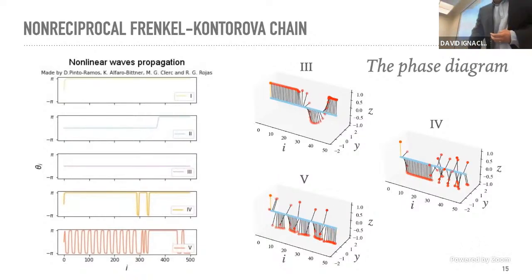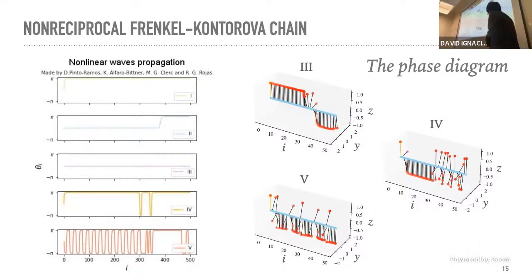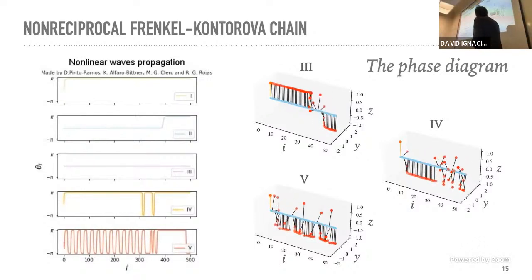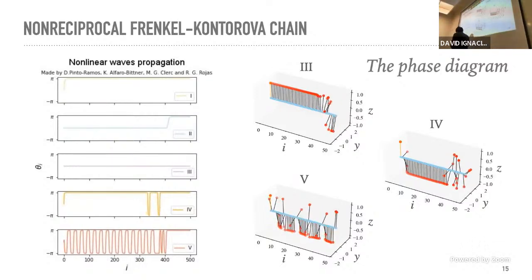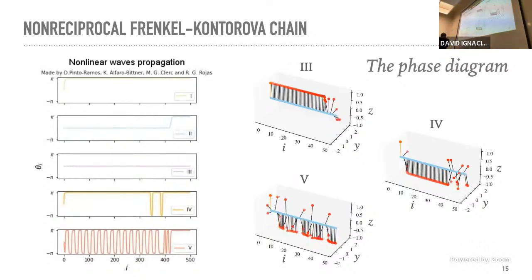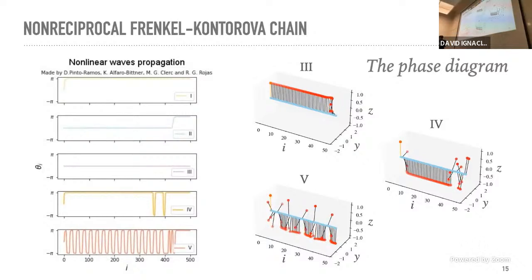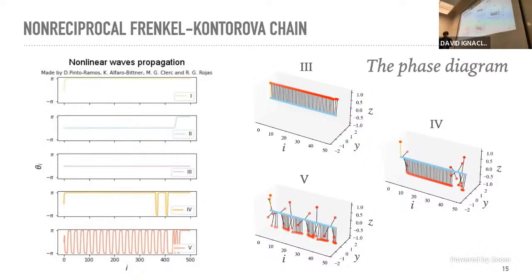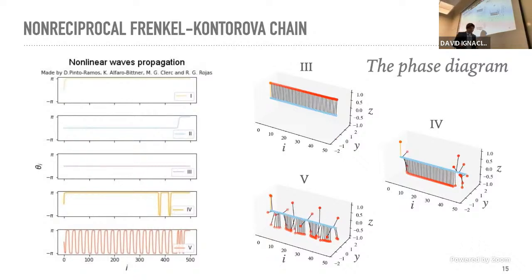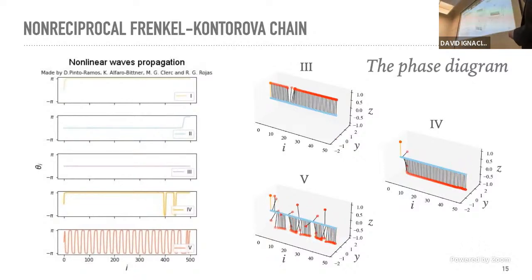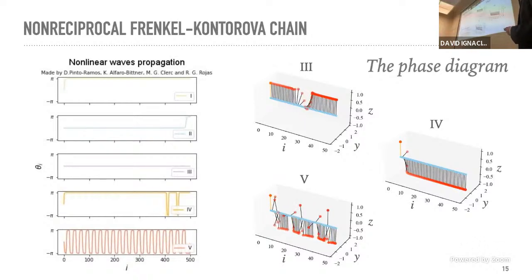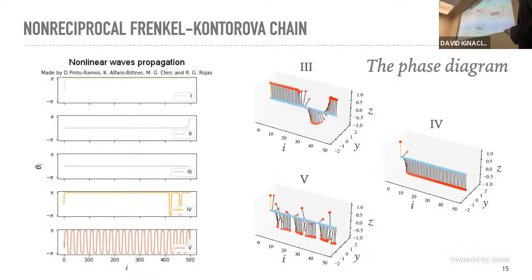Okay, it is worth mentioning that these three regions, 3, 4, and 5, only appear thanks to the non-reciprocity, but also thanks to the discreteness of the dynamical system. Because when you try to construct the continuum limit of this equation, you only will recover regions 1 and 2.